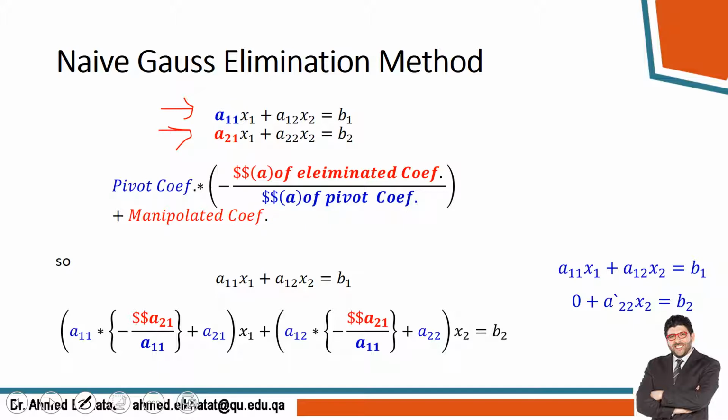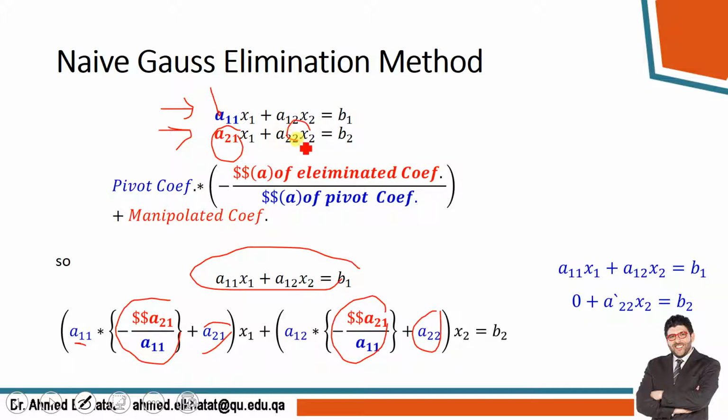We kept the first equation as it is, and for the second equation, a11 is the pivot coefficient, times minus the eliminated coefficient, which is constant for both, over the pivot coefficient, plus the eliminated coefficient, so here it will be a21 plus a22 for the second one.